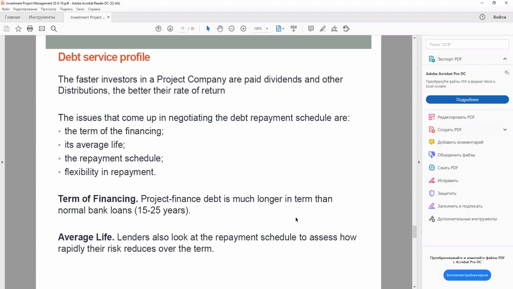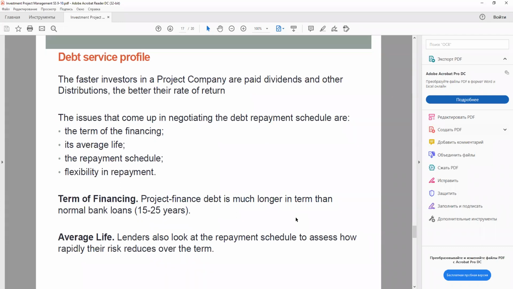And so it may be necessary for investors' distributions to be slowed down and debt service speeded up to maintain the required average life. The average life is measured by looking at the loan average life, which is used by lenders in a similar way to the payback period calculation by investors. That is a check to ensure that the repayment schedule is not overextended.